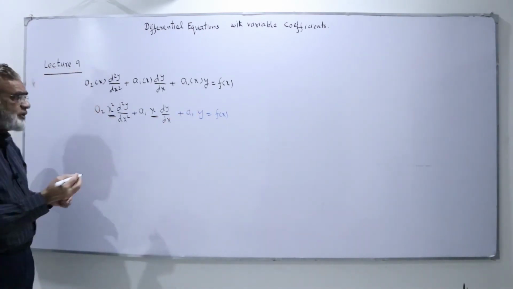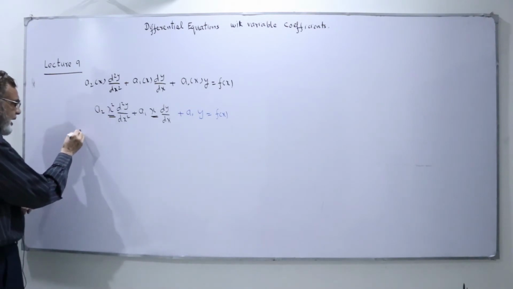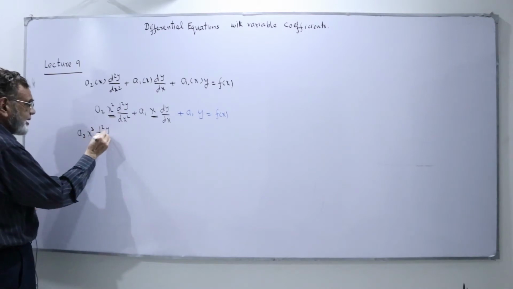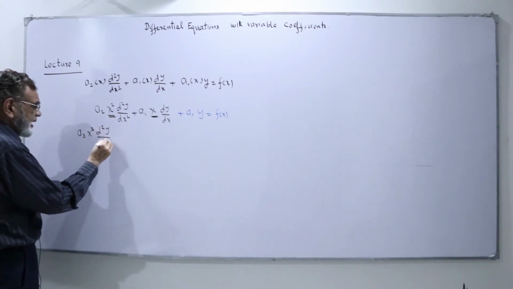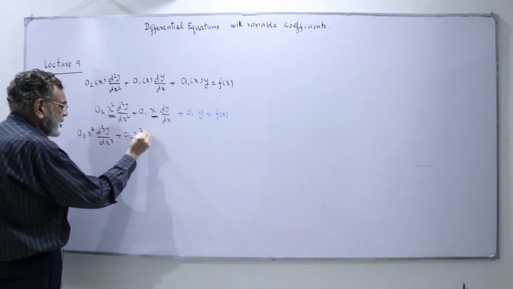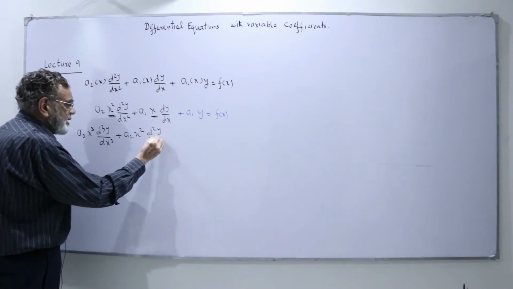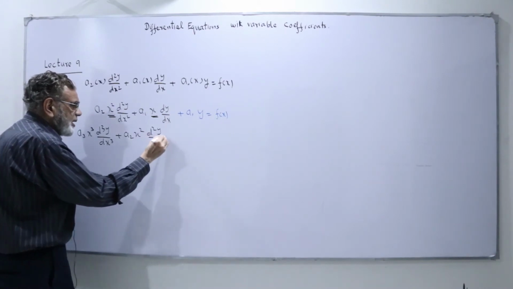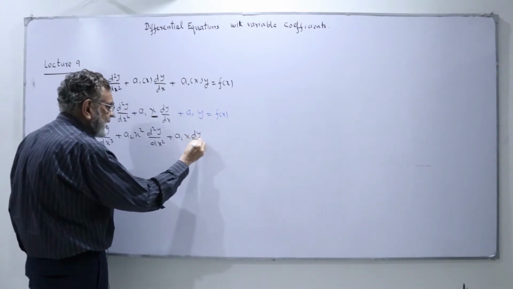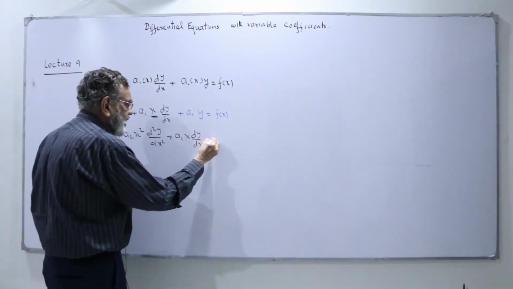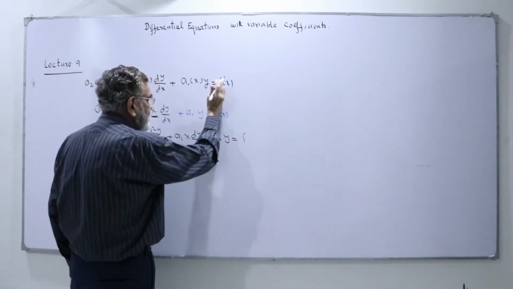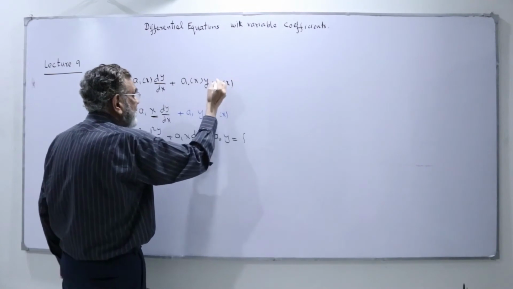If I have a third order differential equation, I will write it like this: a3 x cube d3y by dx cube, plus a2 x square d2y by dx square plus a1 x dy by dx plus a0 y is equal to g of x, instead of f of x.